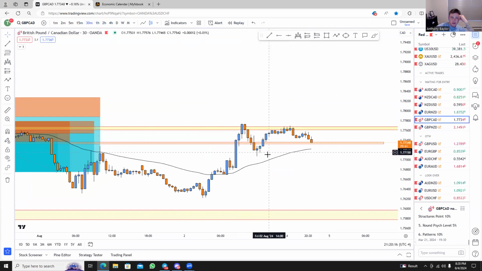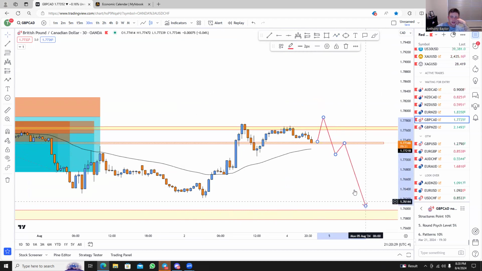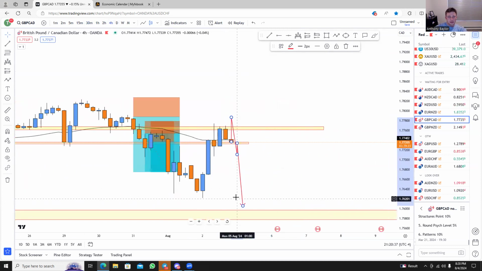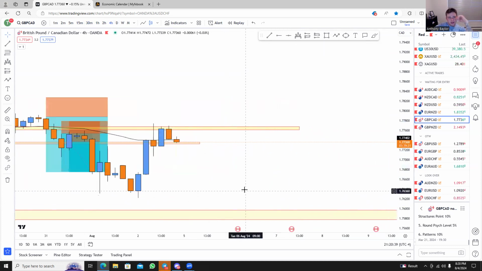No. What I want to see exactly is this needs to come up here, give us another higher high, and then shift again. That's what I want to see. I will wait though. I'm not taking this now.